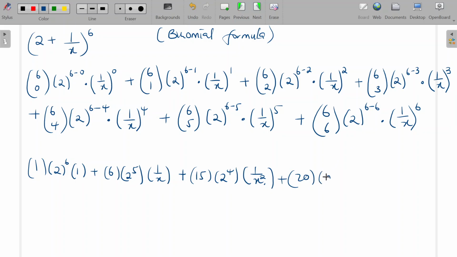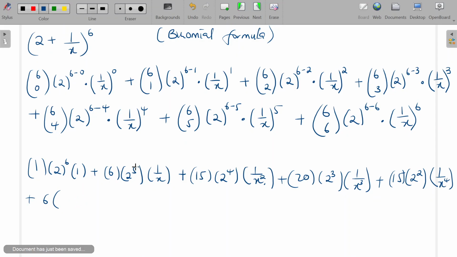Then you're going to have a 2 to the power 3, and then 1 over x to the power 3, then plus 15 again, 2 to the power 2, 1 over x to the power 4, then you say plus the 6. 6 combination 5 is 6.